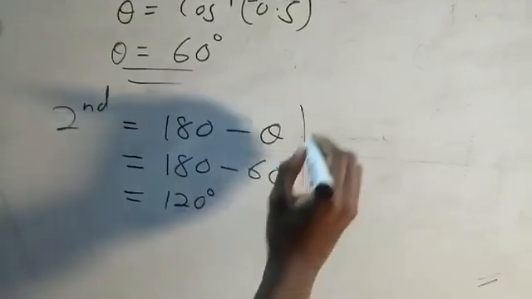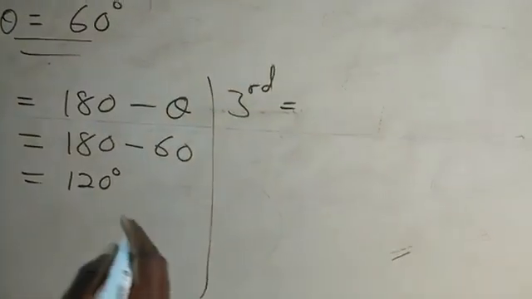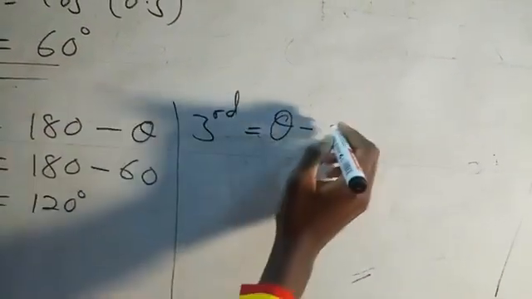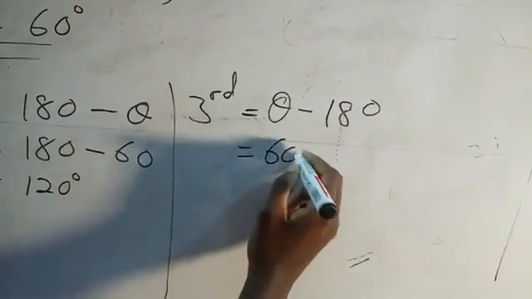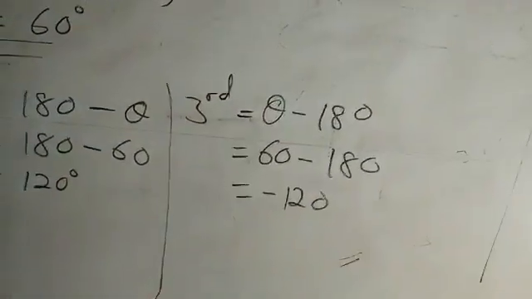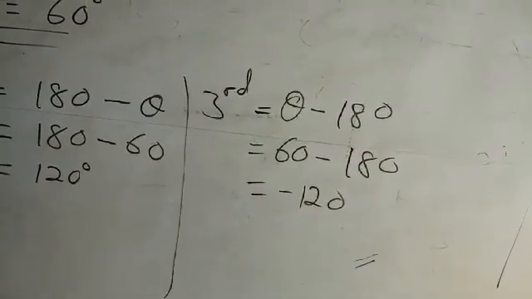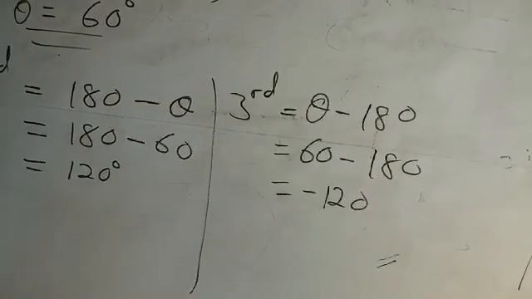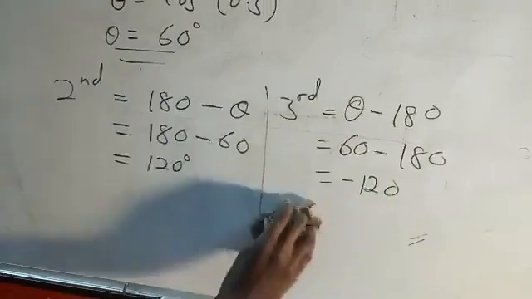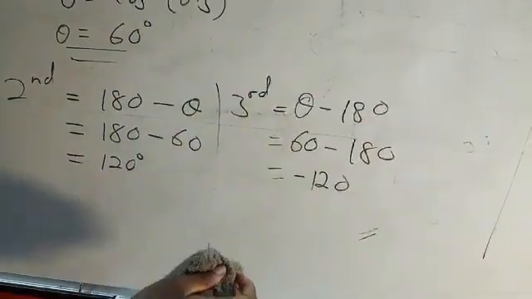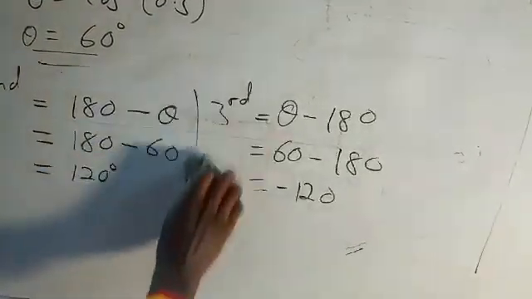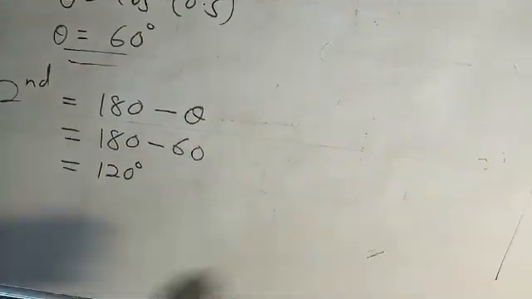Likewise in the third quadrant, it will be theta minus 180, becoming 60 minus 180, coming to negative 120, and we know that we don't have a negative angle. So theta is 120 degrees.